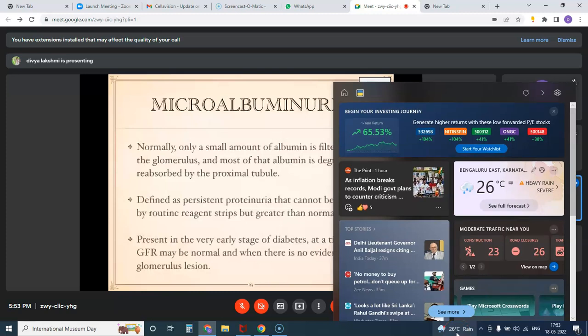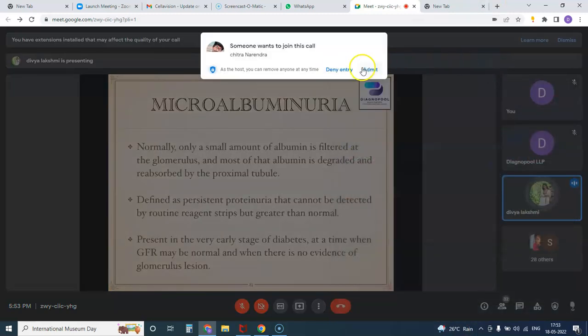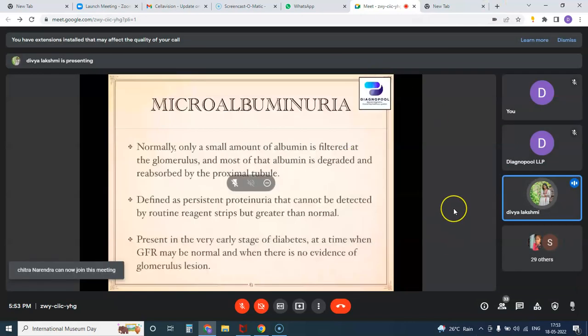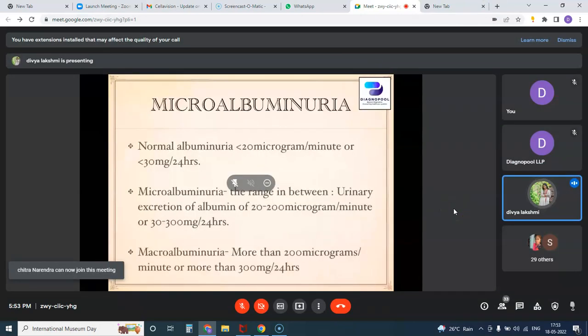Next, I told you about microalbuminuria. Normally, the albumin present in the urine is less than 30. If it is between 30 and 300, we call it microalbuminuria. See, what we spoke about previously, the heat coagulation test, is for when there is overt proteinuria, that is, whenever the protein is more than 300 milligrams.